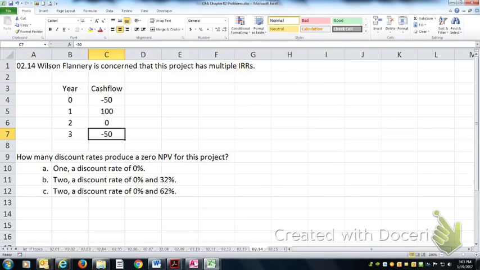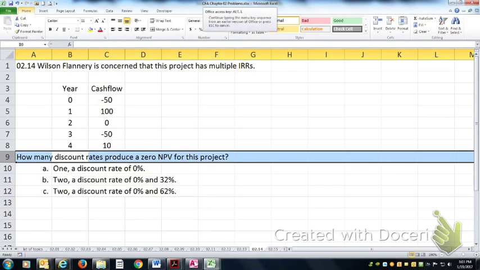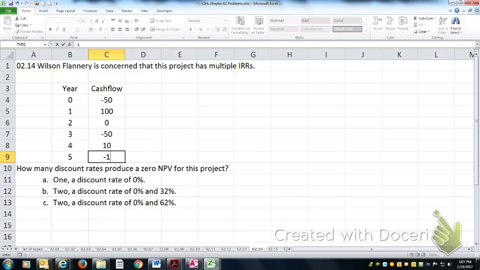Anytime you have a sign reversal in the numbers here, you have the potential to have another IRR. And if we went to year 4 and it's a 10 and year 5 is -1, that's another sign reversal.